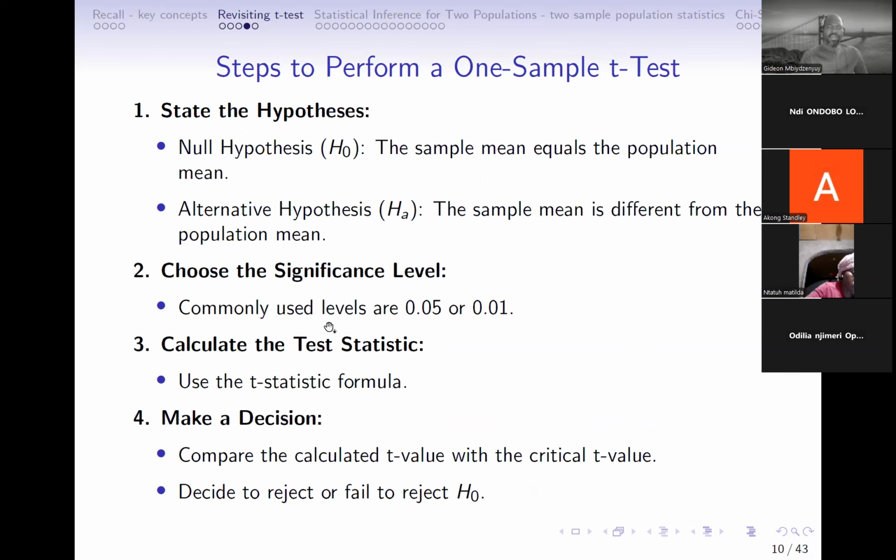And then the last bit I would talk about here is that the steps you are used to performing for either the t-test or even the z-test are almost always exact. I want you to know these steps because we will revisit them as we go further for the two population case. You should know these steps offhand. You should learn and understand them.